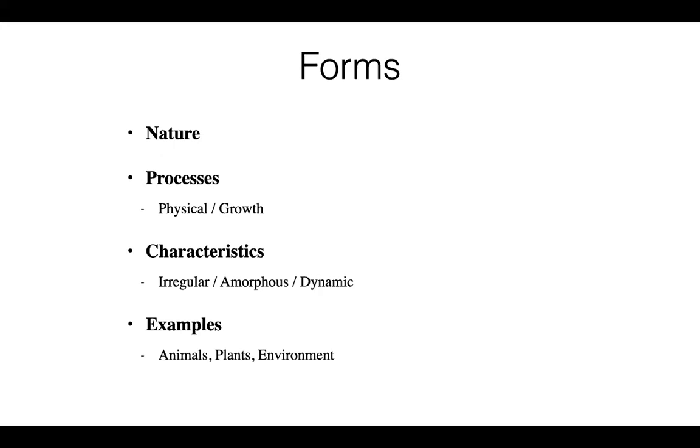So in that sense, the characteristics of this phenomenon: the geometry is irregular, the shape is usually amorphous, and typically they are dynamic, they evolve. Examples of this type of models are living beings, animals, plants, and our environment.